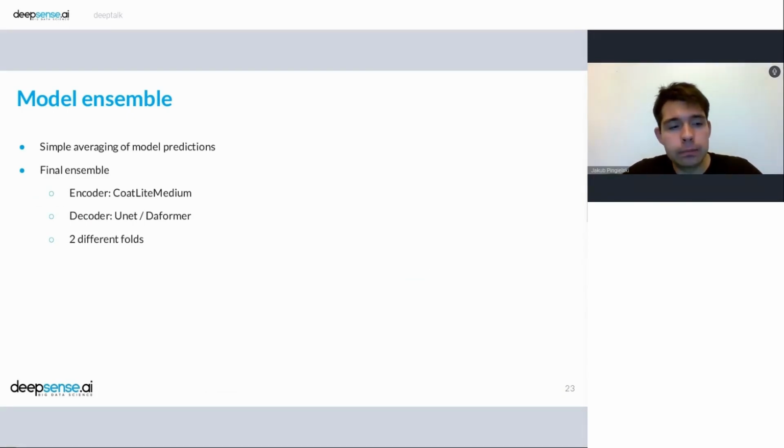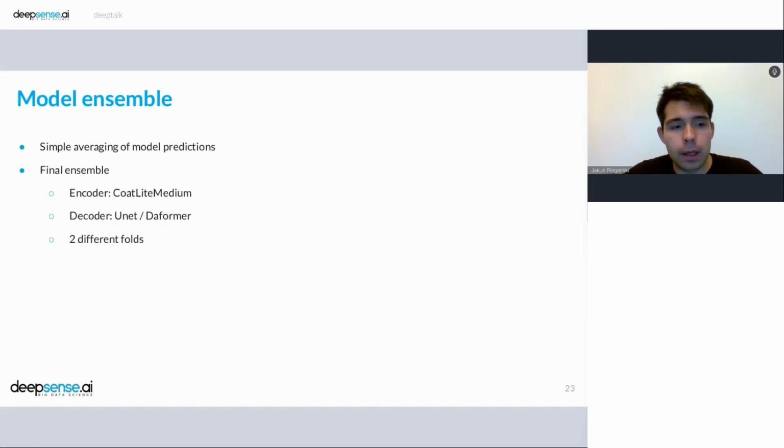And the final trick that helped in this competition, which is very popular in all other competitions on Kaggle, is using a model ensemble. So I have used a simple averaging of predictions from different models. I have used 5 different models. In all of them, I used CoAtNet medium architecture as encoder and used different decoders, either UNet or the former.